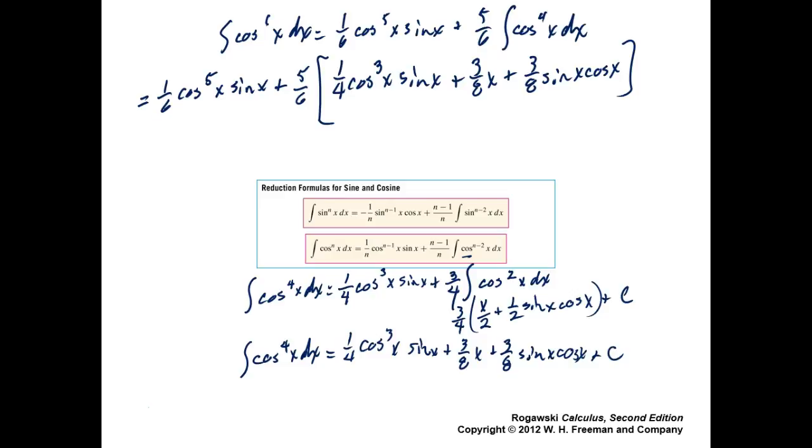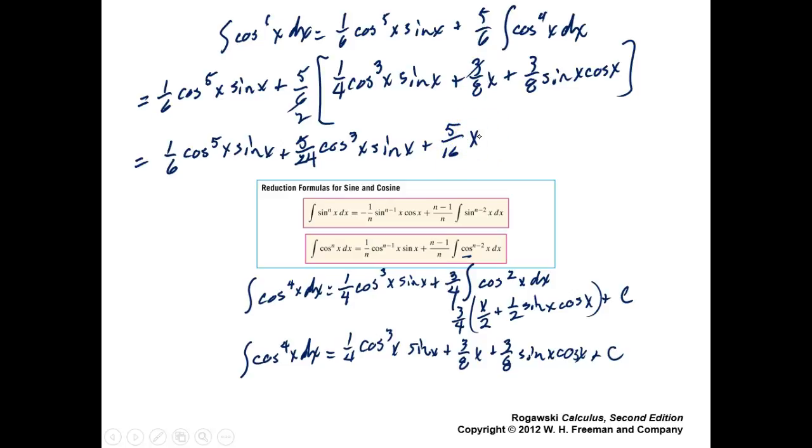Okay. So let's write out what this finally is. 1/6 cosine fifth x sine x plus 5/24 cosine cubed x sine x plus, now here, that would be 5/16 x.